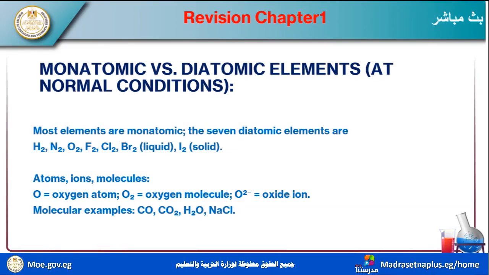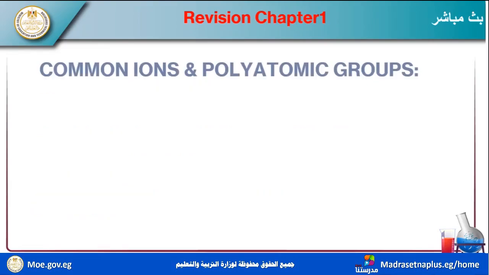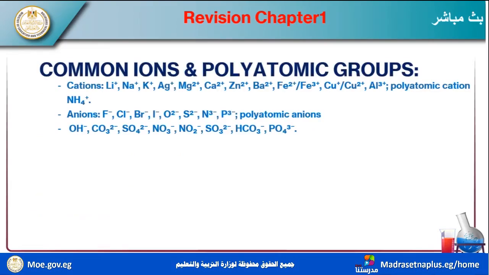I have many examples of polyatomic groups, like hydroxide, carbonate, sulfate, nitrate, nitrite, sulfide, bicarbonate, phosphate.